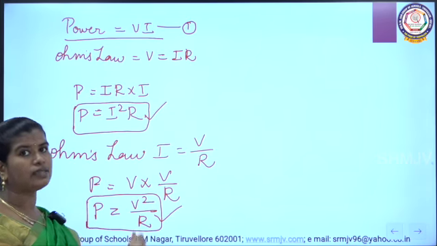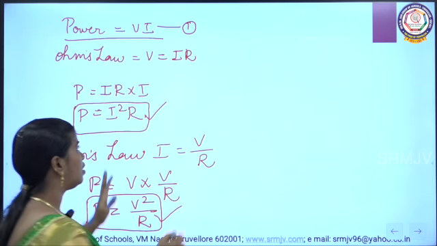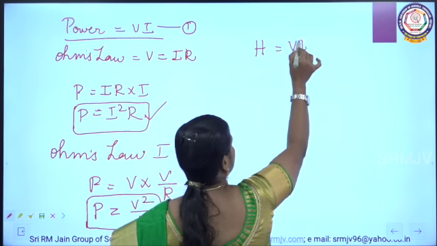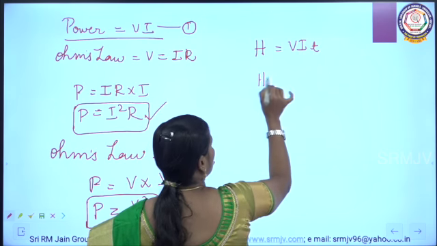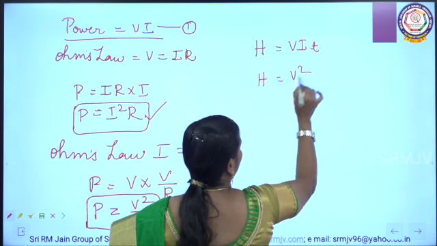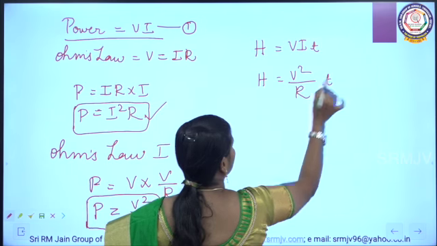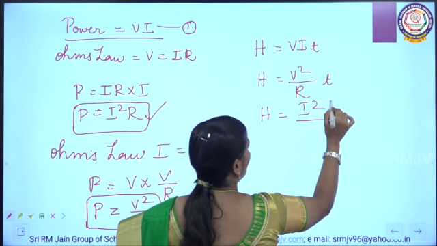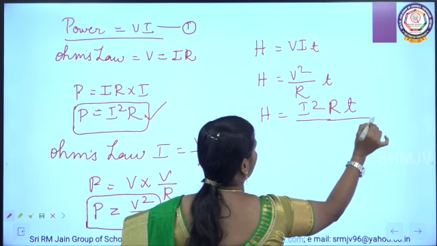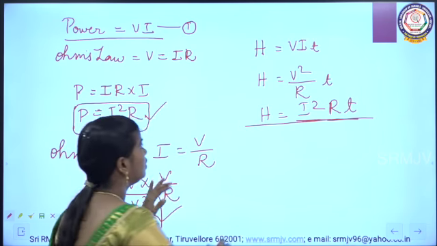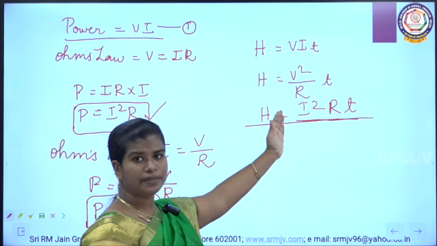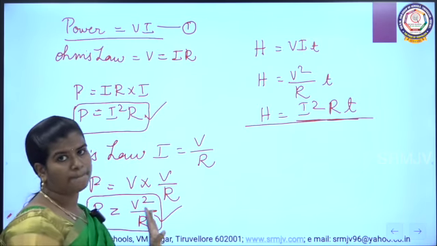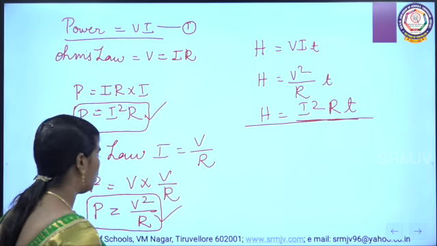Let me write: H is equal to VIT, H is equal to V squared by R into T, and H is equal to I squared RT. If you add time to these formulas, that becomes heat energy. If you are not adding the time, then that will be the power. That is the only difference.